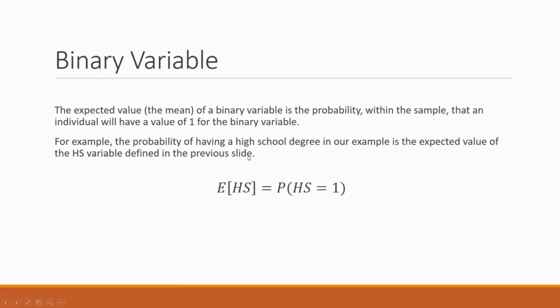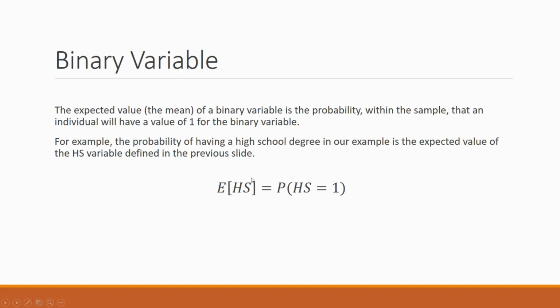But now let's go a little bit beyond that. The expected value, or the mean, the average, of a binary variable is the probability within the sample that an individual will have a value of 1 for the binary variable. Let me just demonstrate this. The expected value of our HS variable, our high school degree variable, equals the probability, that's what this symbol, P with parentheses, means.